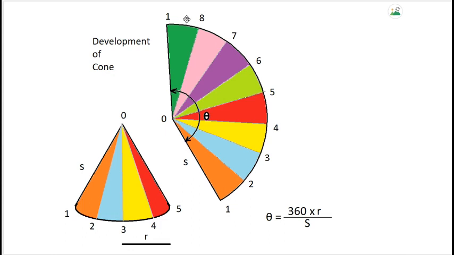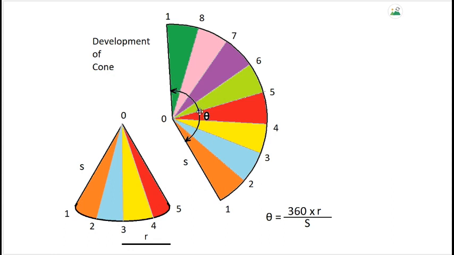So here this will be the development of the cone. How to draw this development of the cone, that we shall see later. But if you take one paper, cut it like this, then fold it so that this edge and this edge are joined together, then it will form one hollow cone.